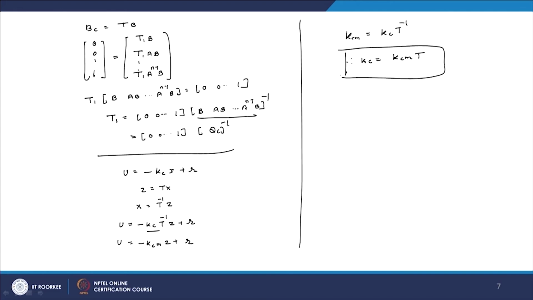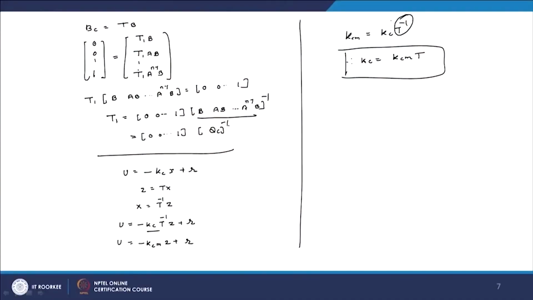Here this Kcm which we have obtained is for the state Z, but our original system is in terms of x dot equals Ax plus Bu. When Ax plus Bu is there, your controller is Kc. So Kcm is for the transformed state, obtained by direct comparison with the companion form, but the original system matrix is not in companion form.